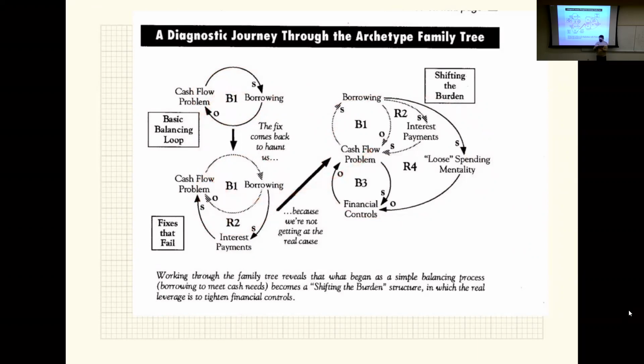When you look at all the ugly extra loops that are being added, really think of it like an onion that you're layering up. You start with a simple balancing loop to fix a problem. You recognize that the fix actually reinforces the problem later. And you recognize that there was a better fix that your fix is now preventing you from using. And that's how you get shifting the burden.